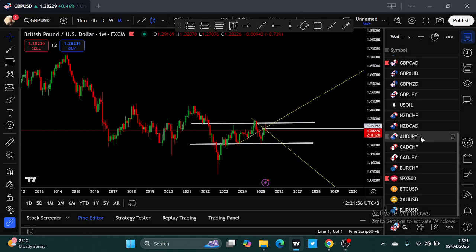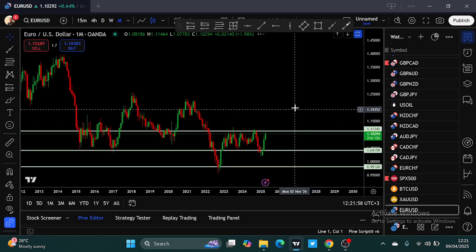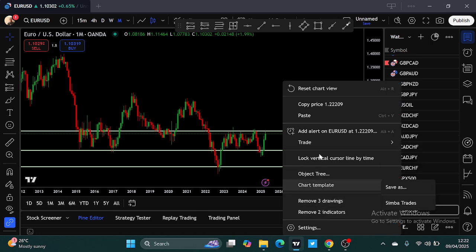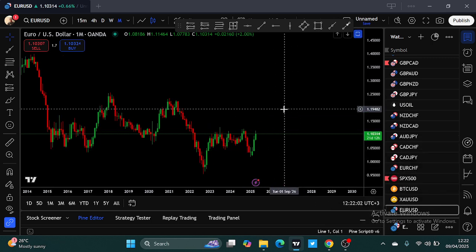Basically, I'm going to have a clean chart, and then I'm going to teach you how to draw your key levels, or your support and resistance, well.